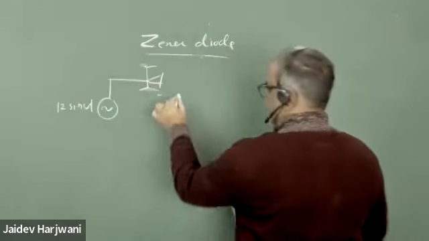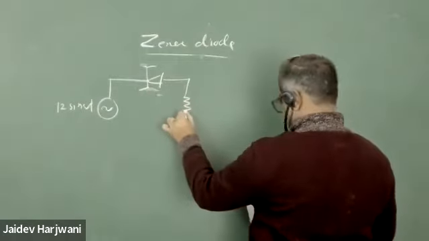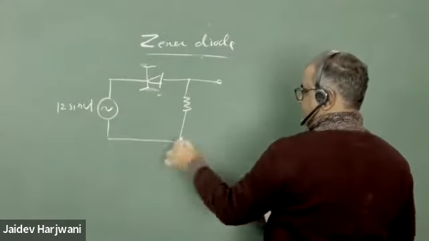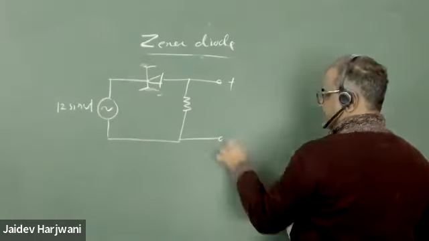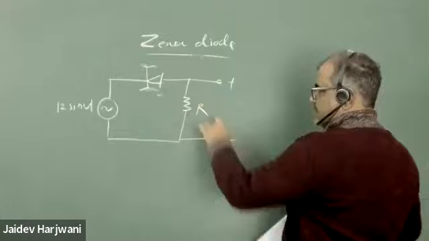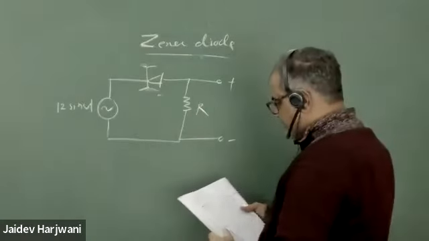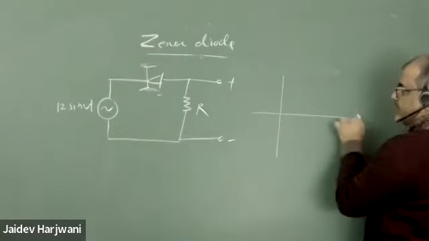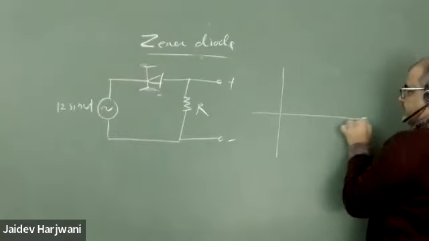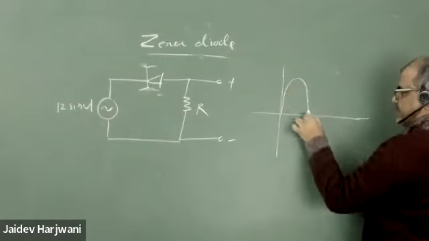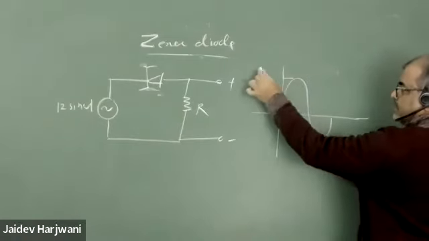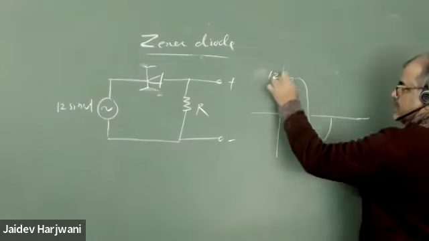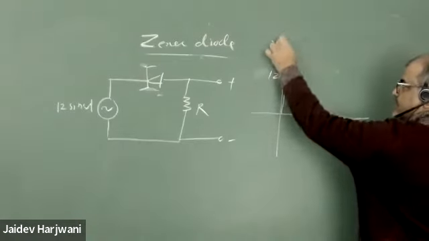Given the circuit with a resistance R, with plus and minus terminals, you have to plot the input-output curve. This is the Zener diode. You have been given a power supply with a peak-to-peak value of 12. This is my V input.